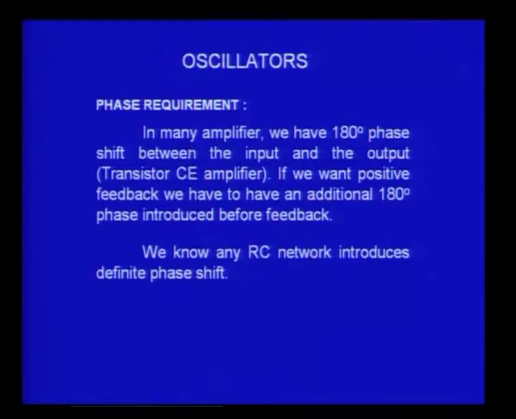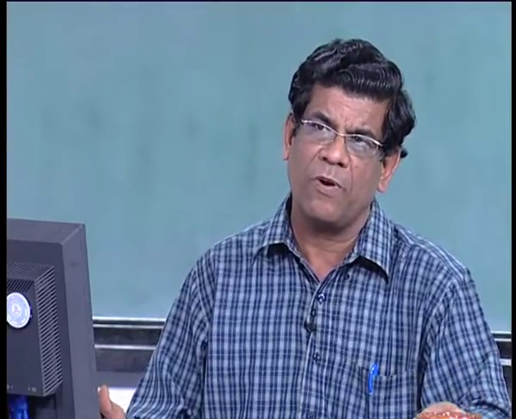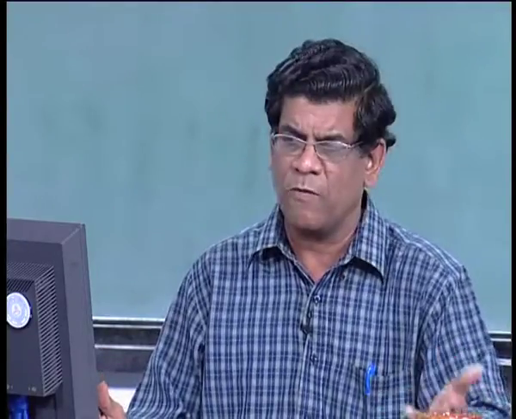But if you actually take any amplifier, for example, an RC coupled transistor amplifier, you know the output is always 180 degrees out of phase with reference to the input. This is a characteristic of an RC coupled amplifier when you have a common emitter configuration.